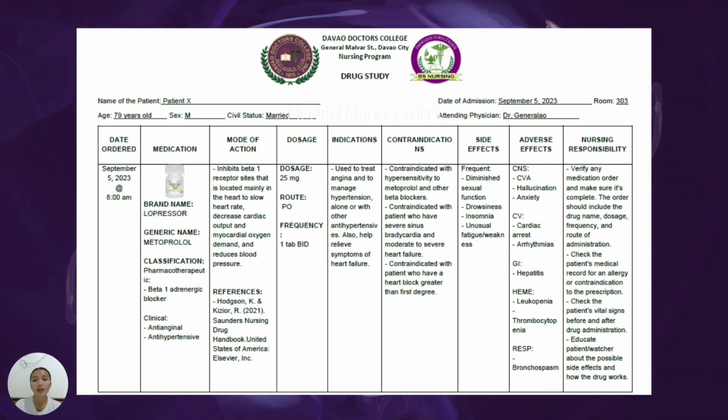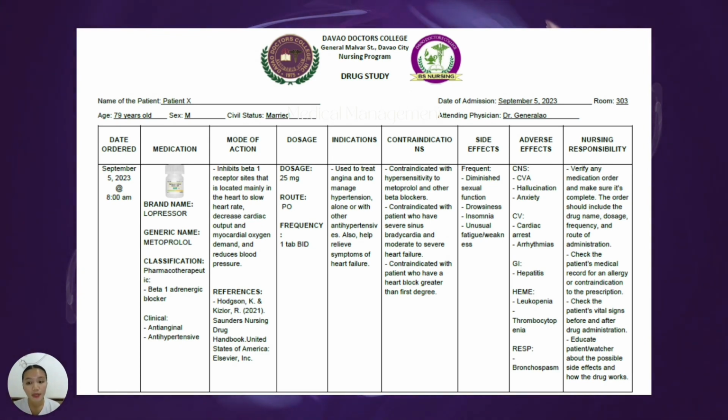patient. And then next is to check the patient's vital signs before and after drug administration, so that we can have baseline data for comparison, and we could check if there are any changes in the vital signs of our patient before and after the drug administration.